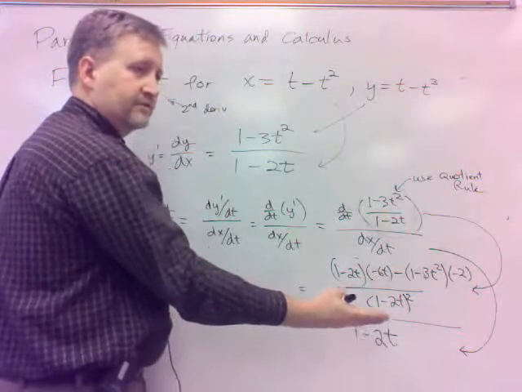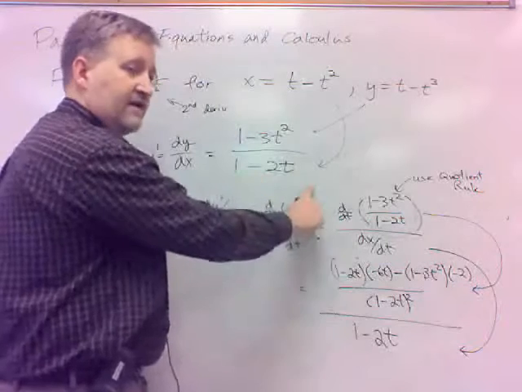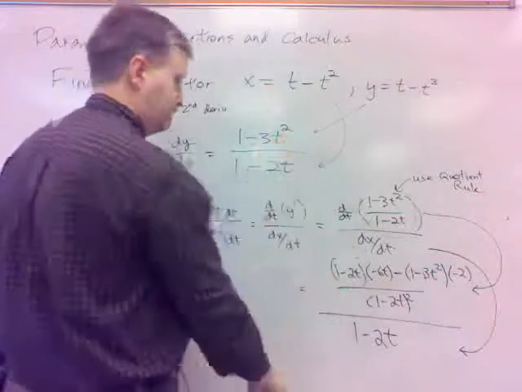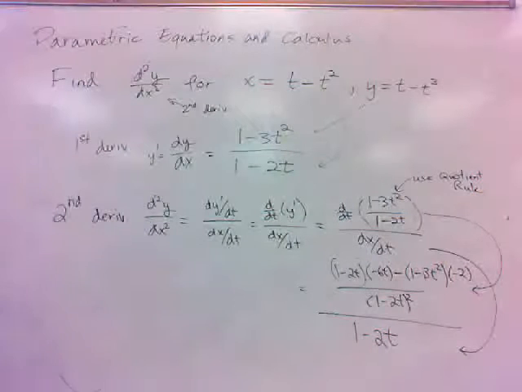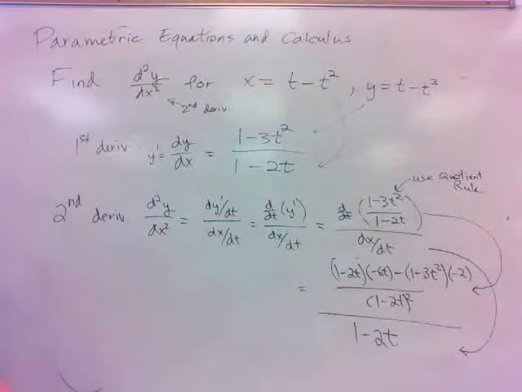That's really what this boils down to. I'm going to do the derivative of that to get the second derivative. I just have to divide that by another dx dt. That's the way it works. Now, clean that up. I'm not quite done with that. I can make that look a lot better, I think, but I don't have room for it.